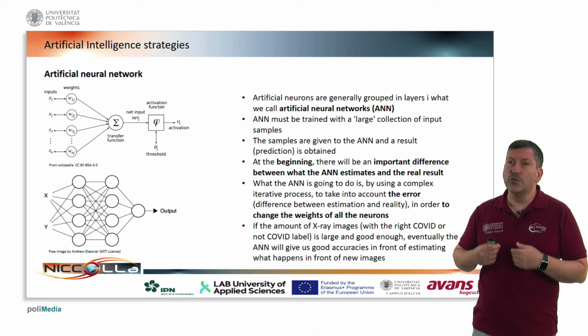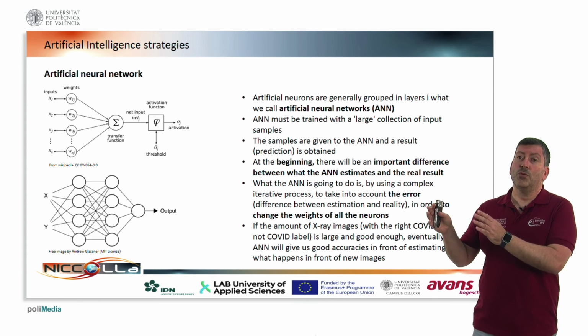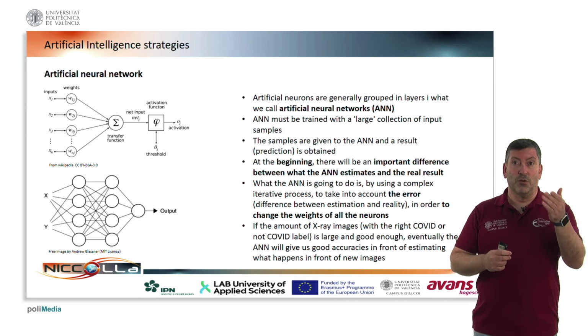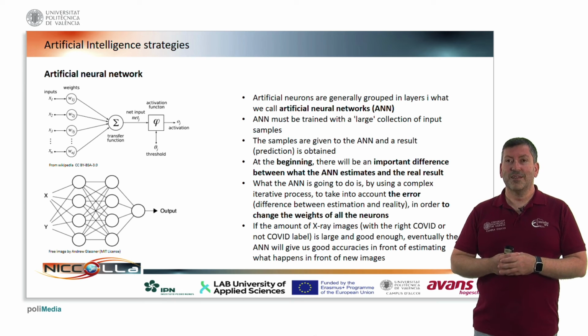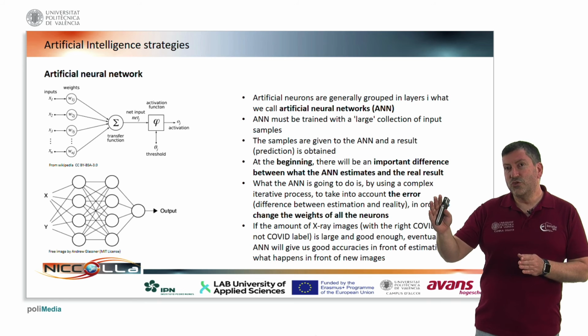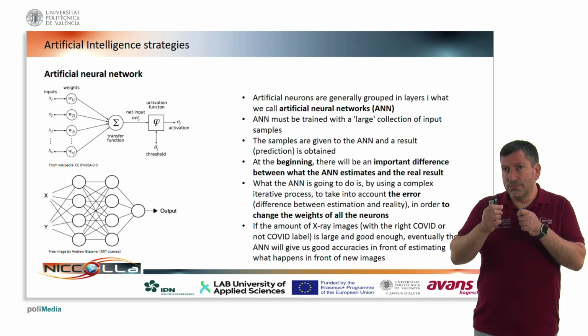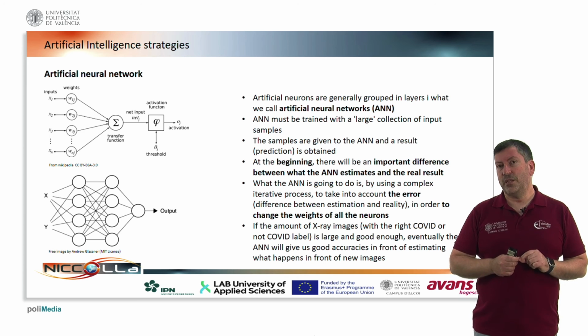So we are going to be training the neural network with real X-ray images, for example, and we are going to see if the neural network says COVID or not COVID. Depending on whether this is successful or not, we are going to change, using a complex process, the weights of all the neurons in order to improve the accuracy in front of new samples.